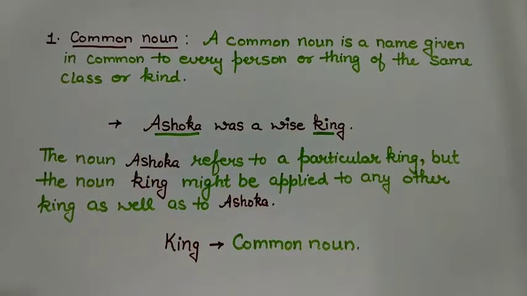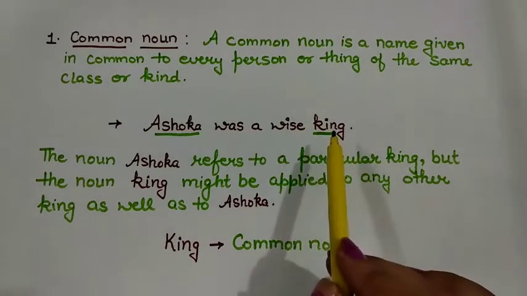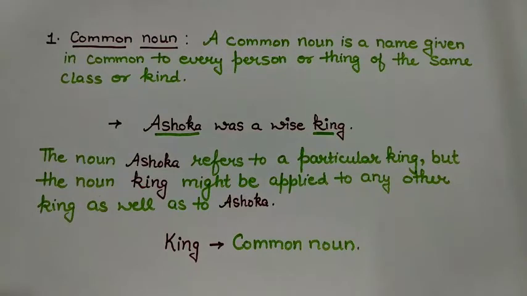That means a particular king we are talking about. But the word king might be applied to any other king as well, like King Akbar, King Ashoka. So, king is a common word given to any class or any particular kind. So, we can say that king is a common noun.